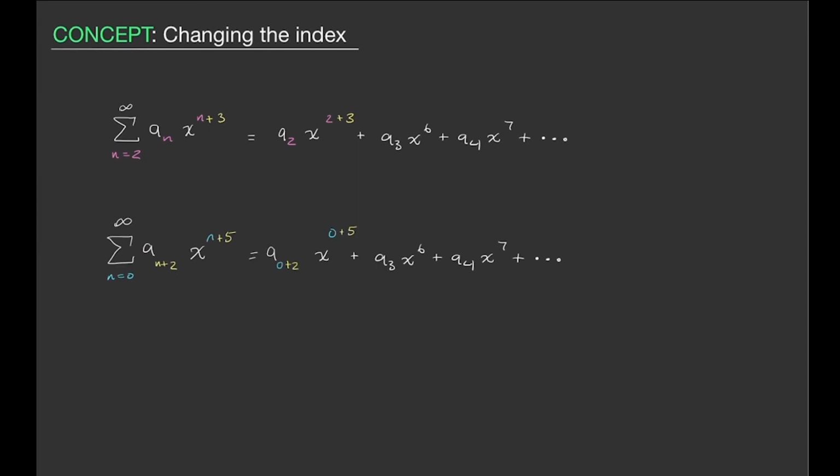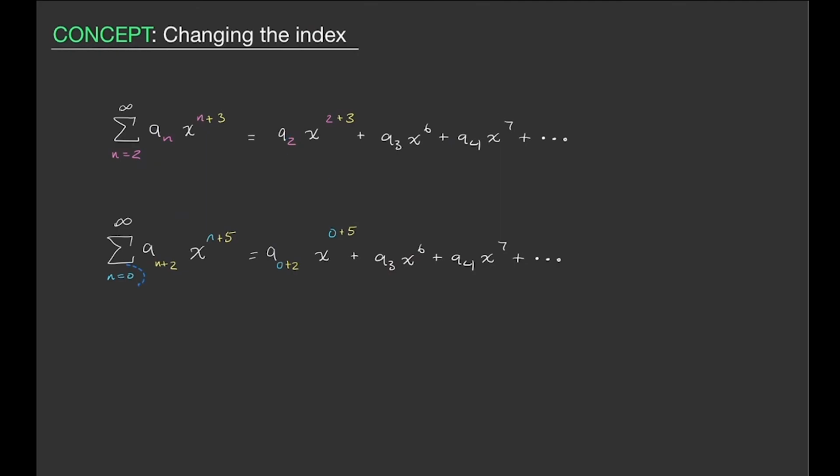Here, we write the series where instead of starting at n equal to 2, we start at n equal to 0. Now that means if we want these to be the same, which they are, in the sense that here's 2 and here's 0 plus 2, here's 5, here's 0 plus 5, we have to change the formula. In particular, when we start at n equal to 2, we can have just a sub n here, because that will give us a sub 2.